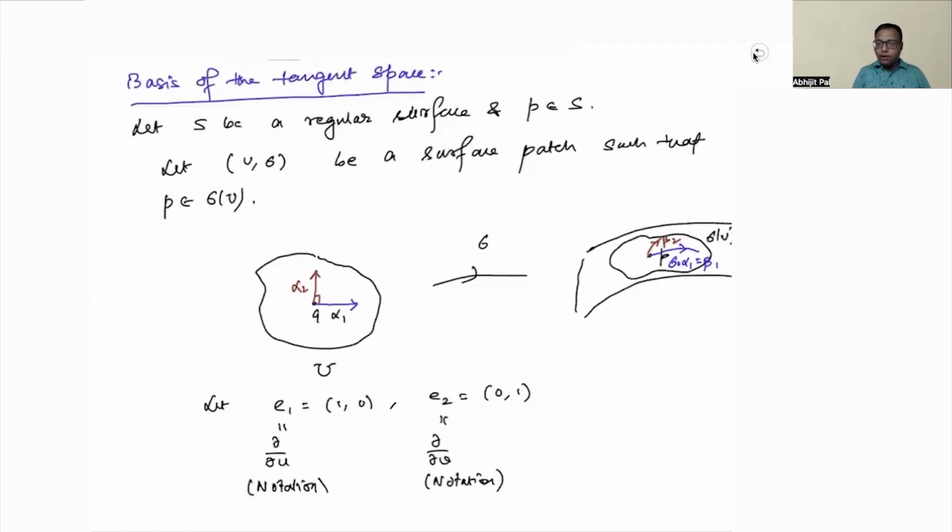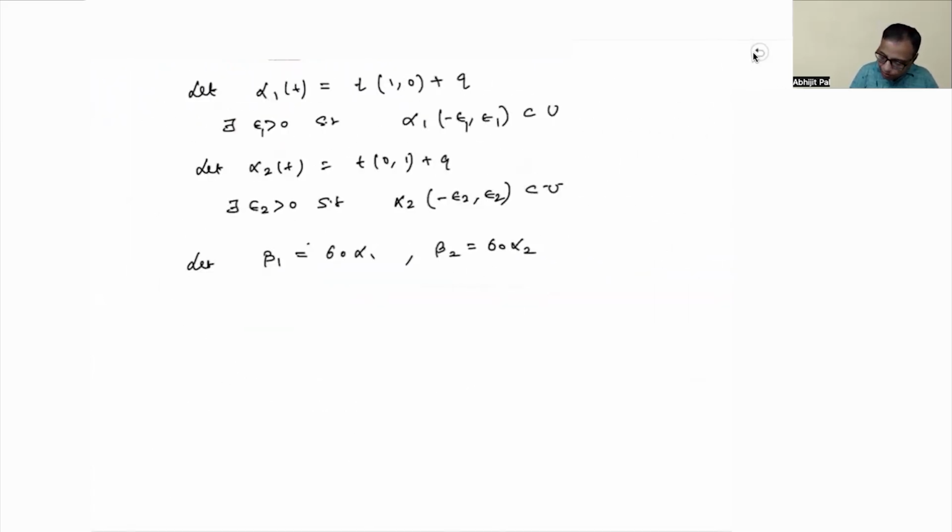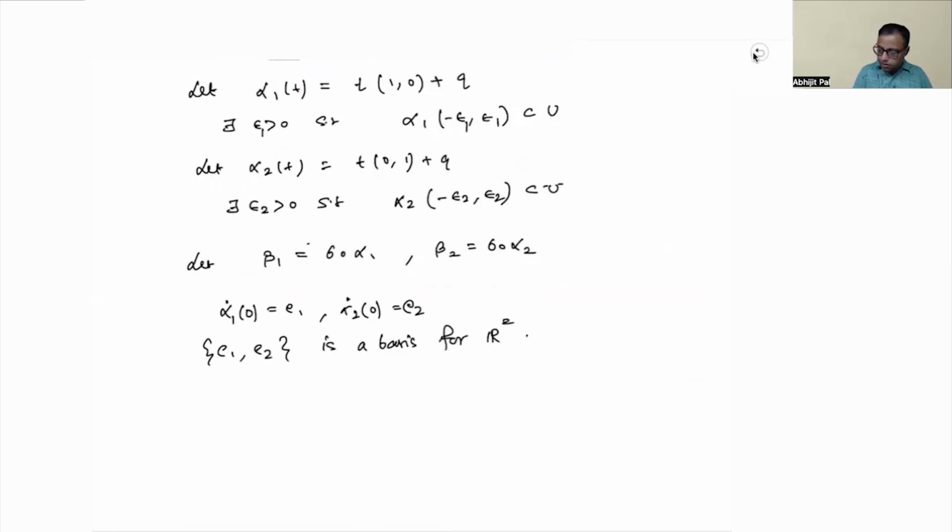Okay, so these alpha 1 and alpha 2 are perpendicular to each other, and the velocity vectors are alpha 1 prime 0 equal to e1 and alpha 2 prime 0 equal to e2. So e1 and e2 form a basis for R2.